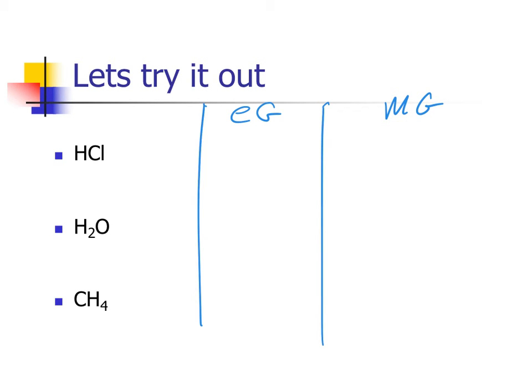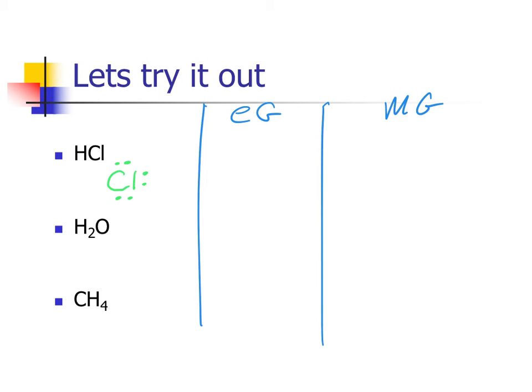So what we have, the first one is hydrogen and chlorine. Chlorine is going to be our central atom because hydrogen can never be our central atom. So chlorine has to be our central atom. Put our non-bonding electrons in.